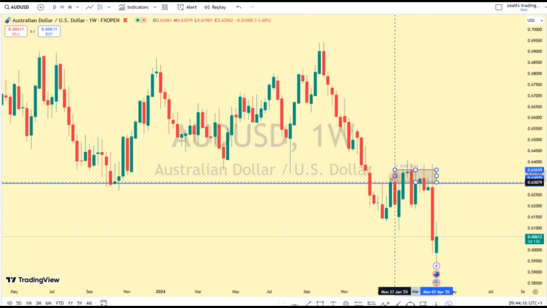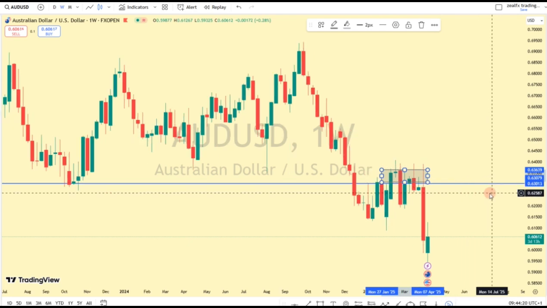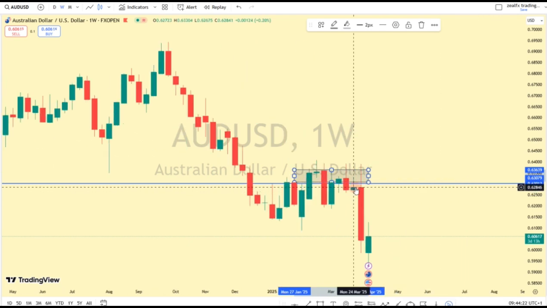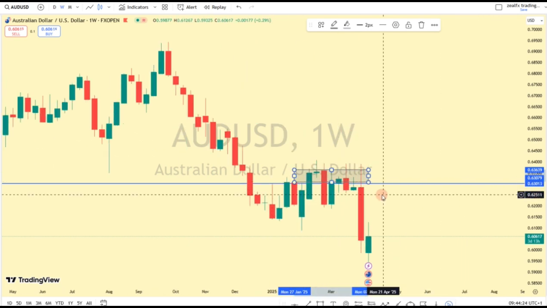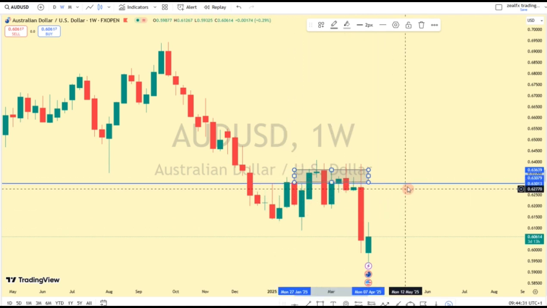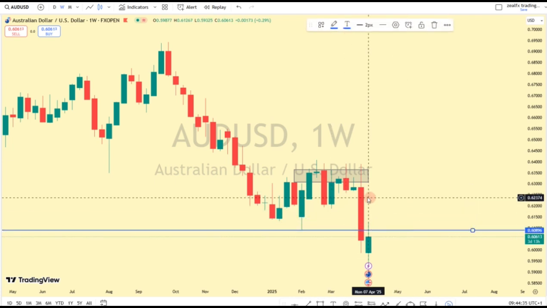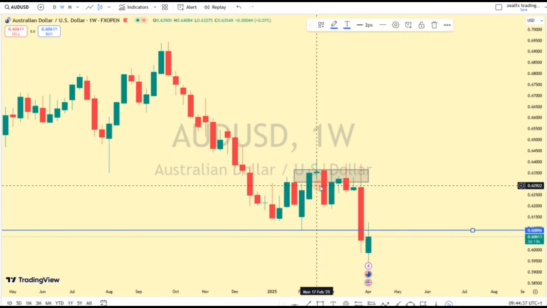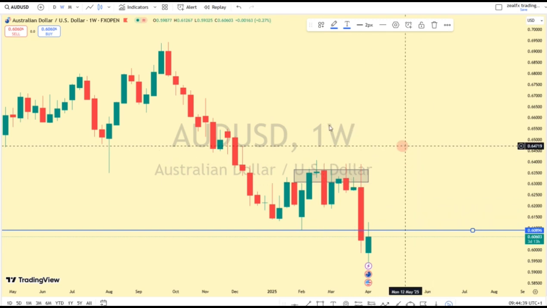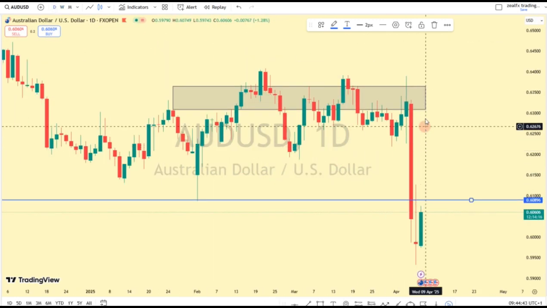This range resistance level on the weekly chart is also a strong, significant level to watch out for, and this bullish candlestick closed below it. Since this bullish candlestick closed below these levels, we are expecting a big push of price back to this support level. So when I saw this candlestick pattern on the weekly chart, I knew I would be expecting a big fall on AUDUSD. So I moved back to my daily chart.